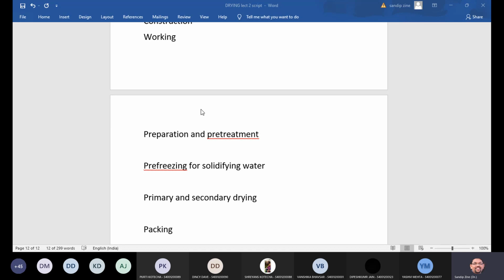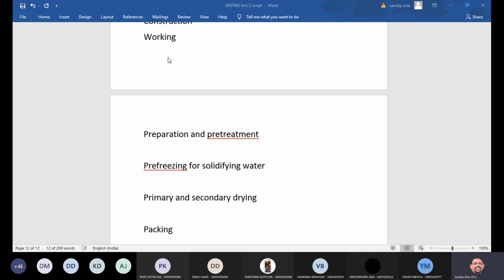Pre-treatment methods include freezing concentration, solution phase concentration, formulation to preserve the appearance of the product, formulation to stabilize the reactive products, and formulation to increase the surface area and decrease the high vapor pressure solvent. So that is called a pre-treatment.